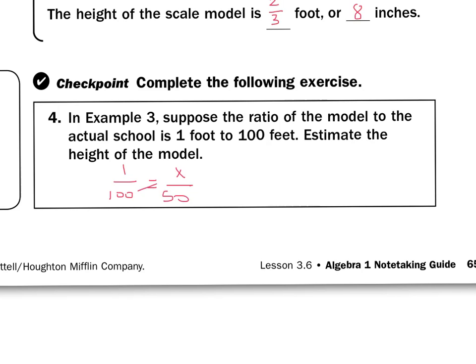Using cross products, I get that 100x equals 50. Divide both sides by 100, and you get that x equals a half a foot, or you could say 6 inches.